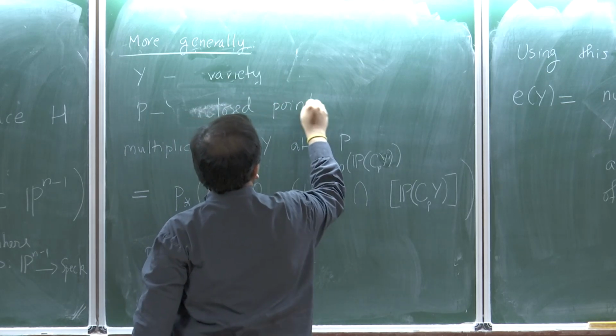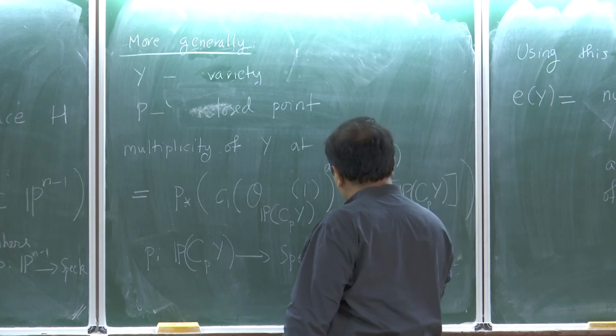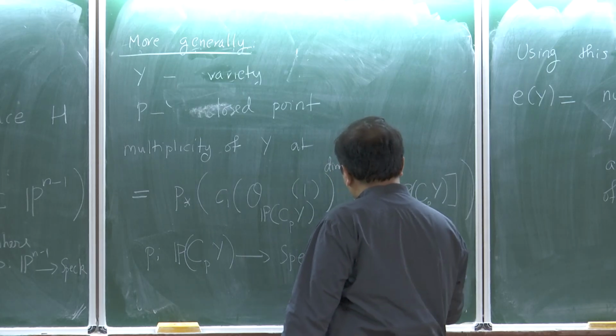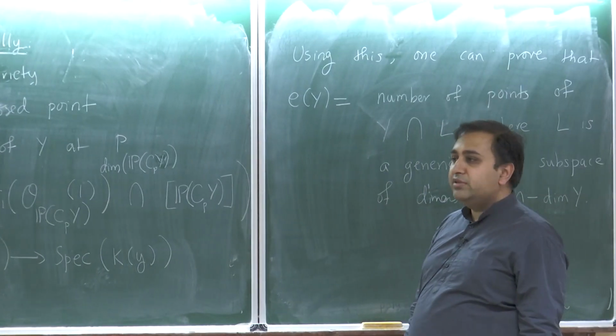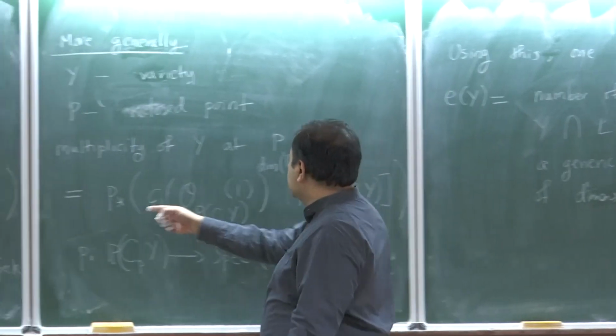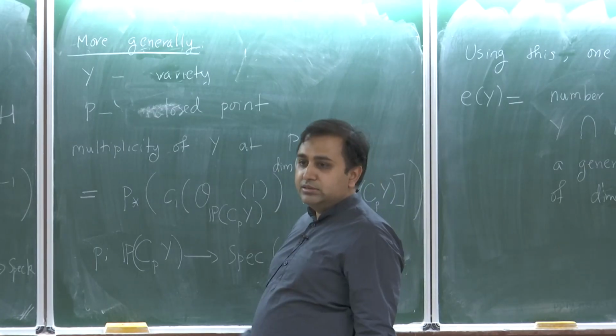And then this is actually going to the point Spec of kappa Y, where this is the residue field at Y. So again this is the Segre class.